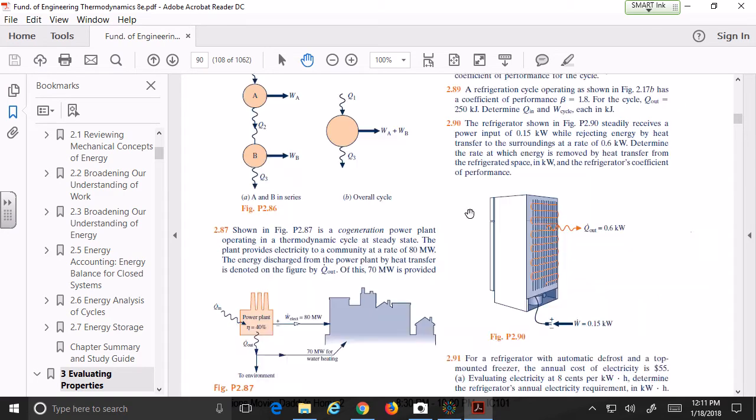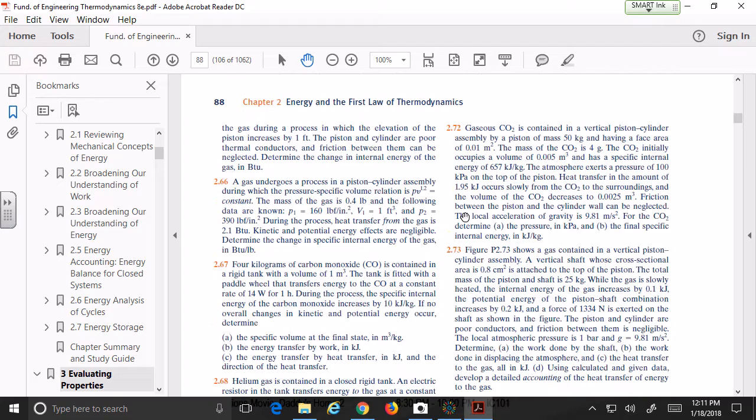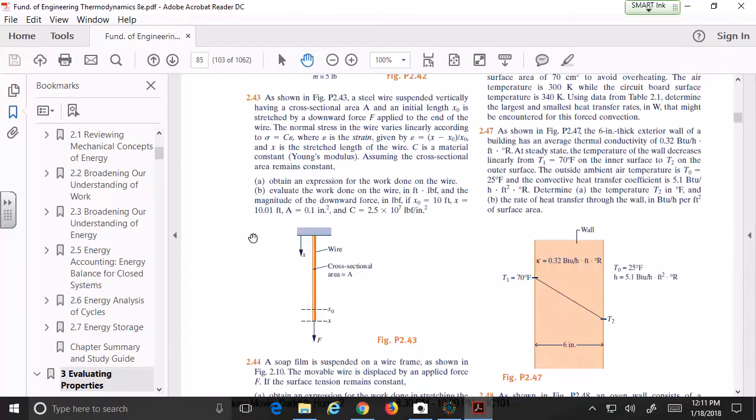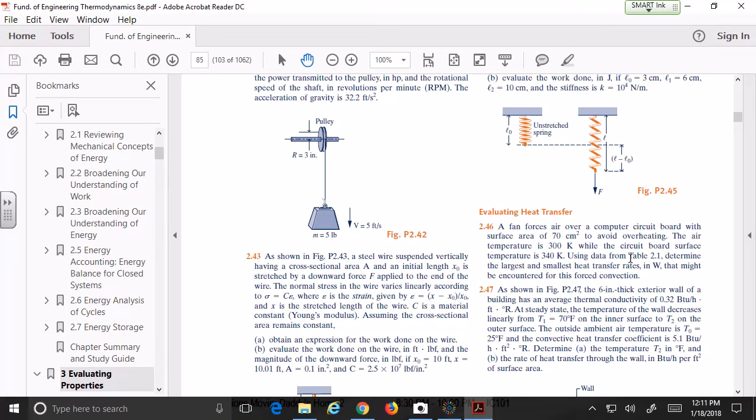Okay, by looking at these problems, what is the other thing that we need to do in this chapter that we haven't really covered? It's the heat transfer modes. Remember we said that in this class we don't really care about how you transfer the heat, we care about just the amount. But I told you that we still give you a little introduction about how the heat can be transferred.